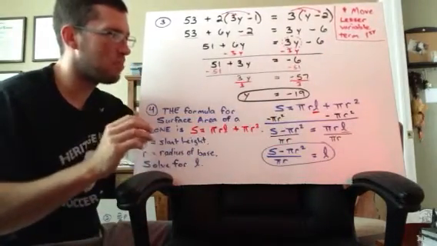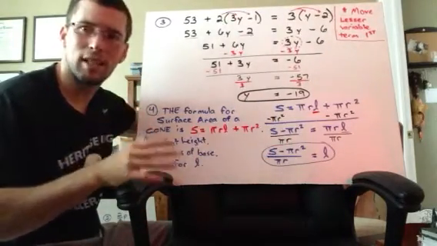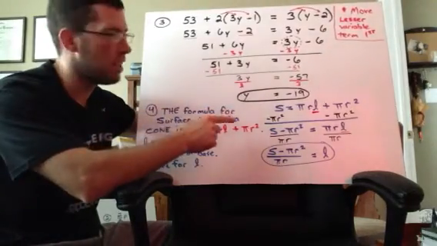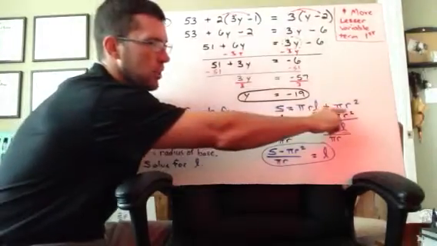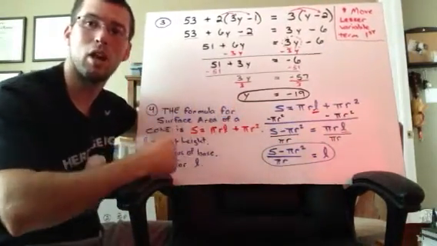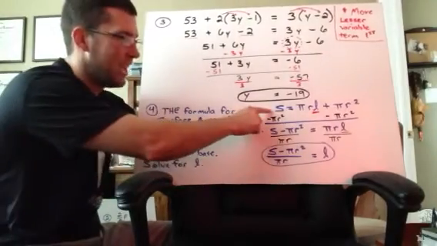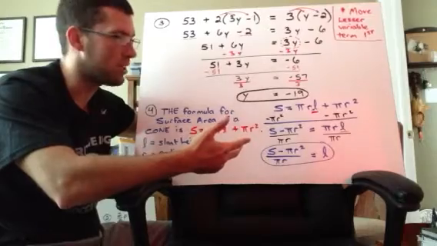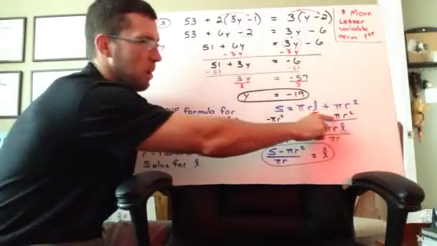Let's skip ahead to isolating the variable. Our variable is the cursive L. And I look at this term, and it does not have an L. So I'm going to move it to the other side of the equal sign along with the S, since that would be part of my isolation step. So I subtract pi r squared.